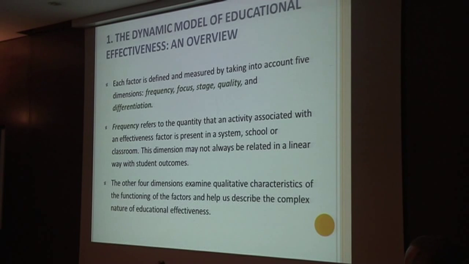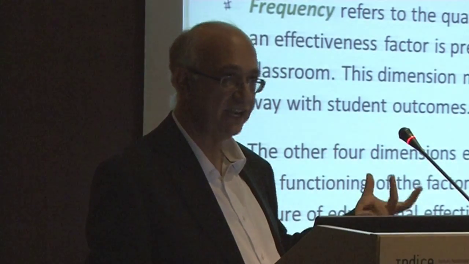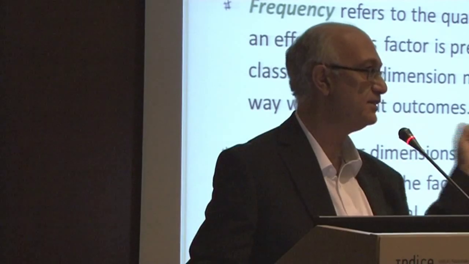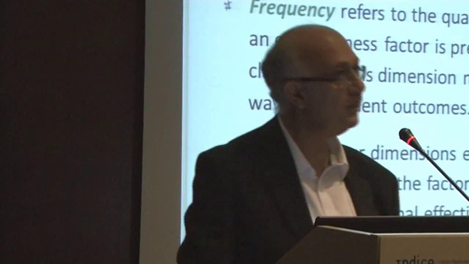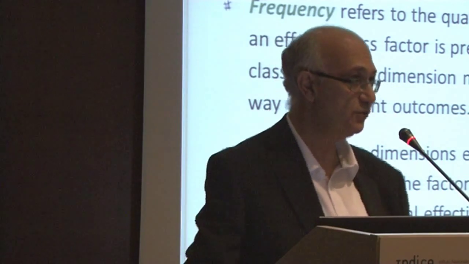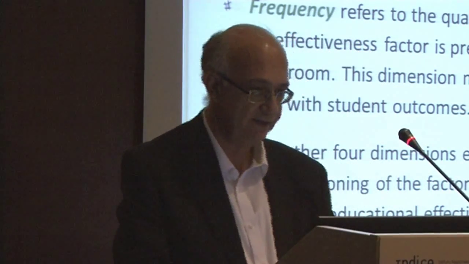The dynamic model referred to 4 other dimensions: focus, stage, quality, and differentiation, which basically collect qualitative characteristics of the functioning of factors. I hope that later during the discussion we have the opportunity to give some more concrete examples.